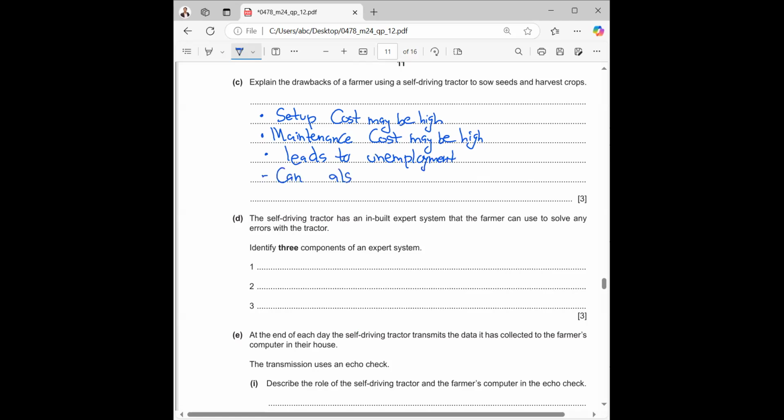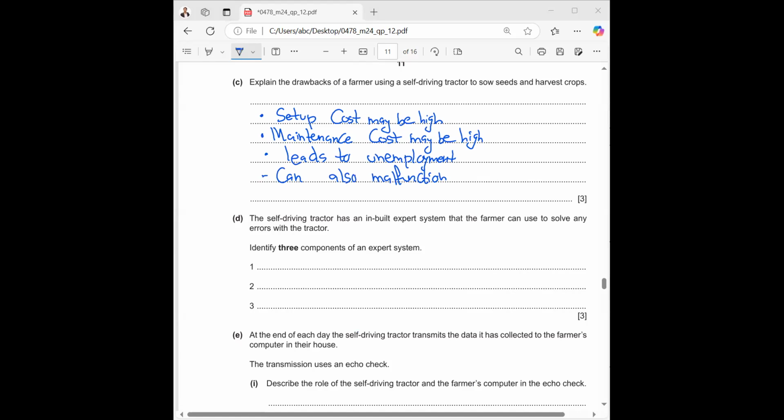It can also malfunction. Yes, like this. You need to write 3 points. We have written 4 points.